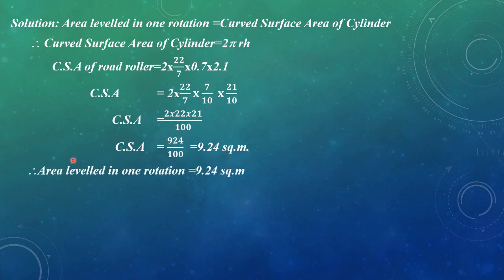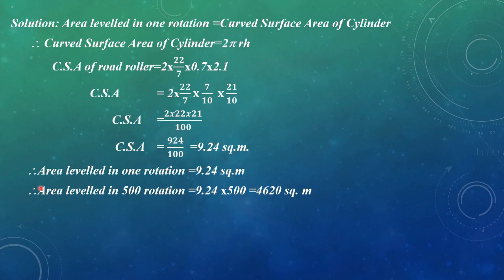Now, therefore, area leveled in one rotation is 9.24 square meter. Area leveled in 500 rotation is equal to 9.24 multiplied by 500 is equal to 4620 square meter.